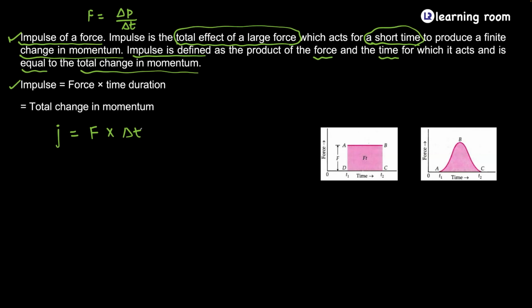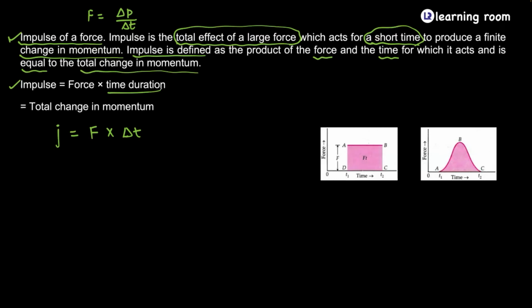Even in the striker example, you're not applying the force for 0 seconds. You're applying it for some 0.1, 0.001 seconds till you have contact with the striker. After that, it keeps on going. So F into delta T represents the time duration.